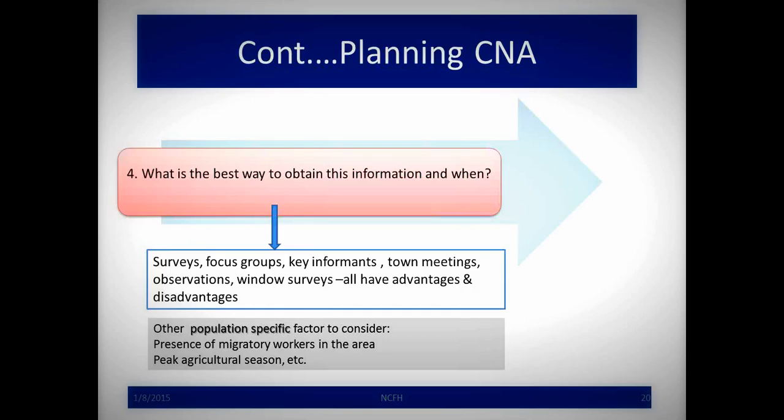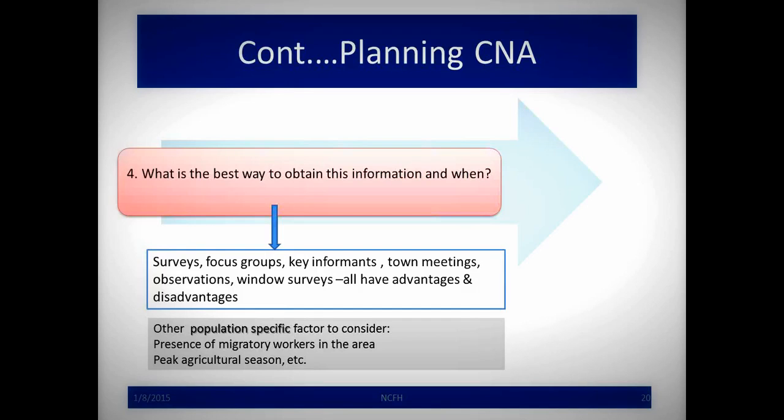The other thing you need to keep in mind when you are doing a population-specific needs assessment is what other factors there are to consider. For example, if you are assessing the needs of the farm worker population, consider when the migratory agricultural workers are in your area, because if you are planning in January and in January they are in their home base, probably your needs assessment will not be as complete or will not have the success you are expecting.